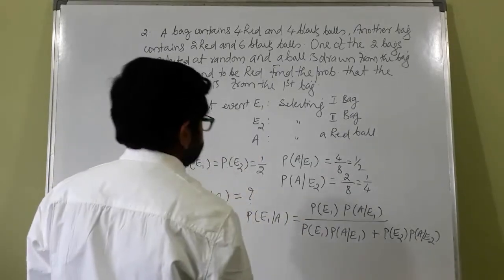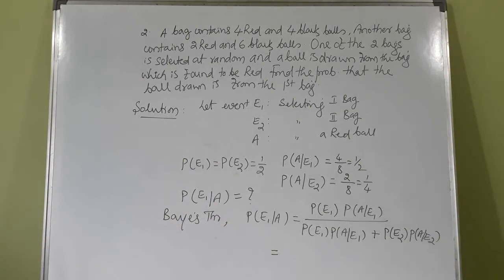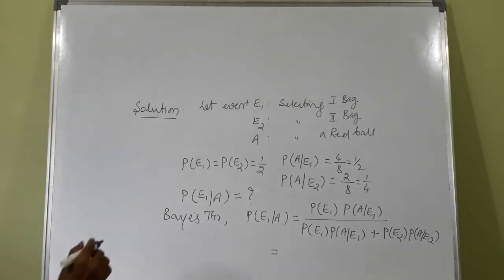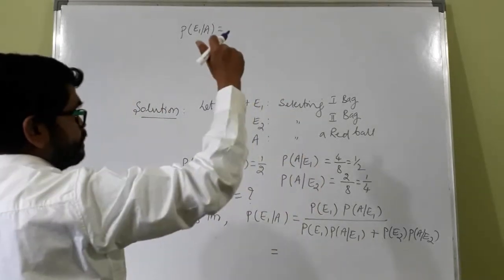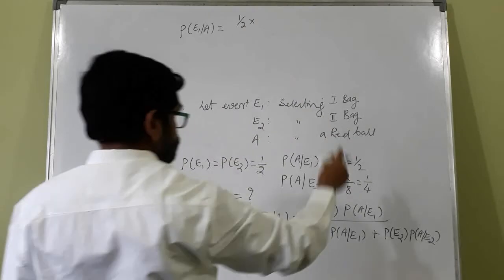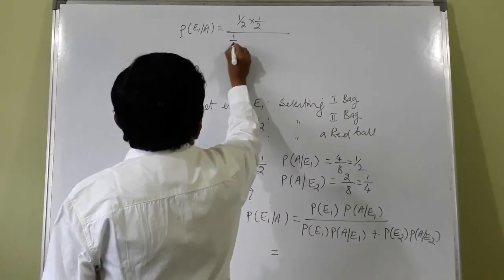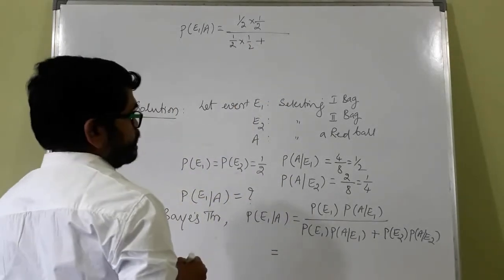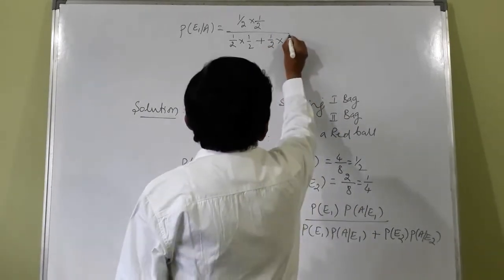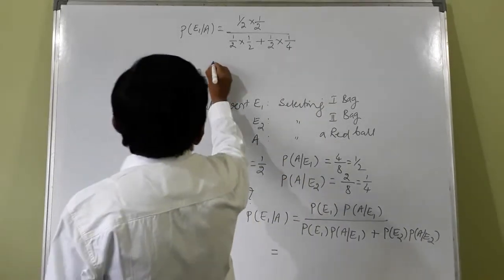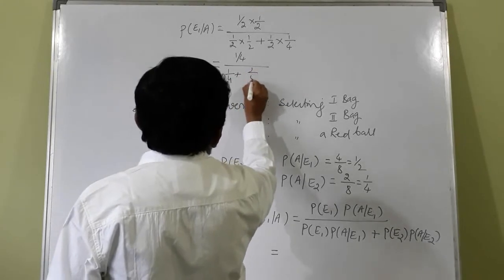Okay, so probability of E1 given A is: probability of E1 is half, into A given E1 half, divided by the same, half into half, plus probability of E2 is half again, A given E2 is 1 by 4, that is 1 by 4 divided by 1 by 4 plus 1 by 8.